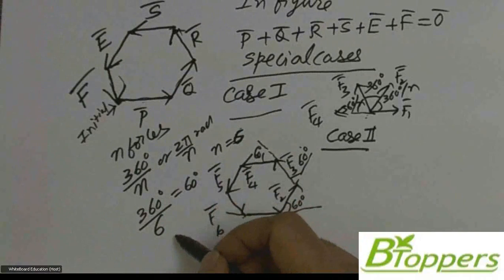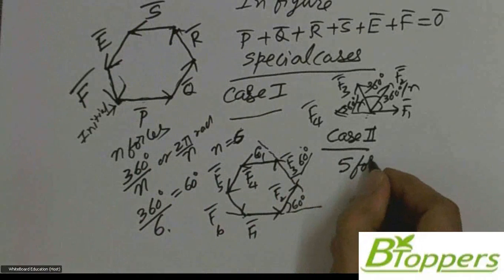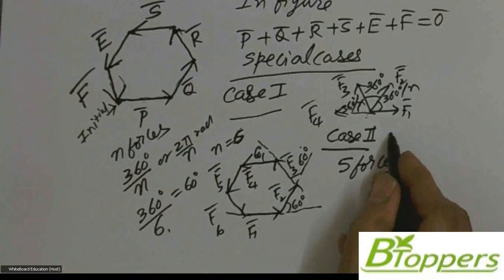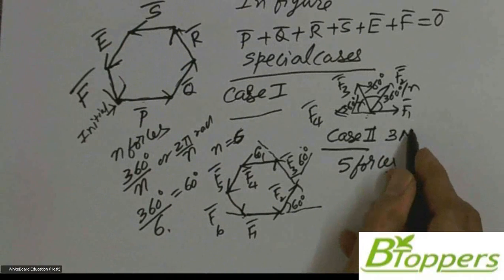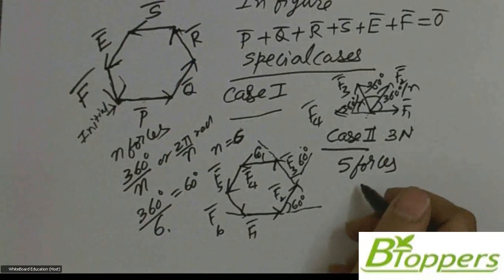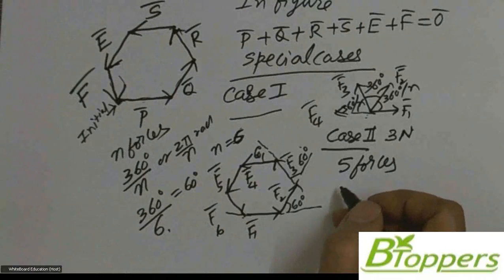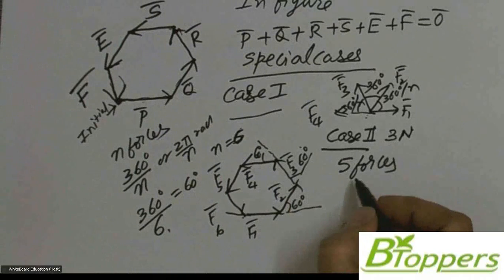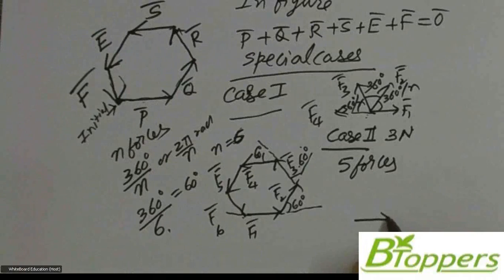For example, instead of 6 forces, you have 5 forces of the same magnitude, say 3 Newton, acting on a particle simultaneously, such that each force makes an angle of 60 degrees with the previous one.